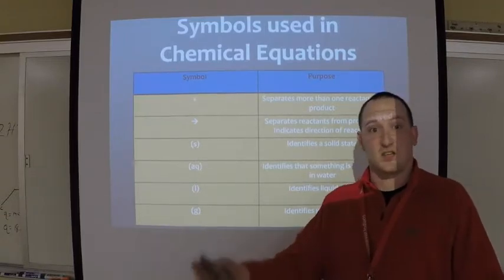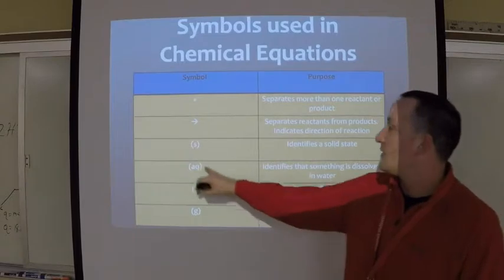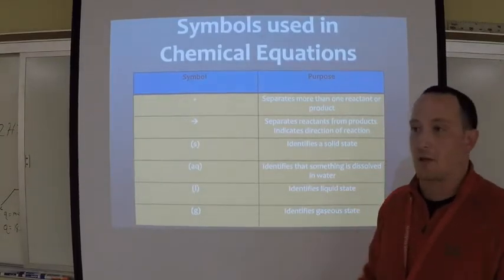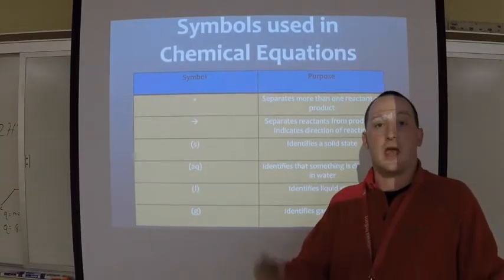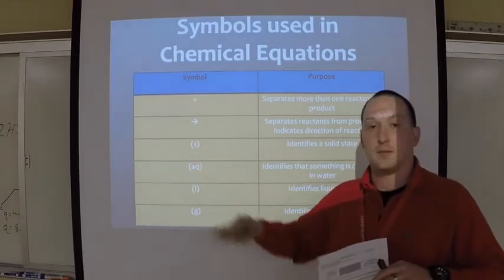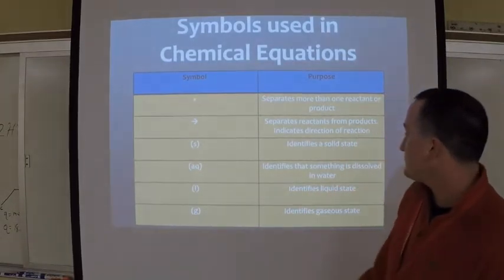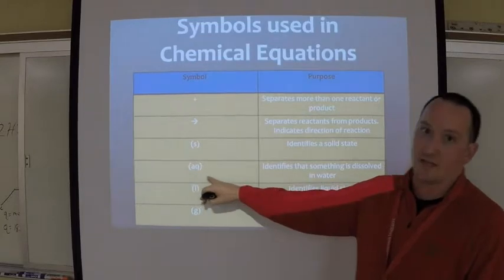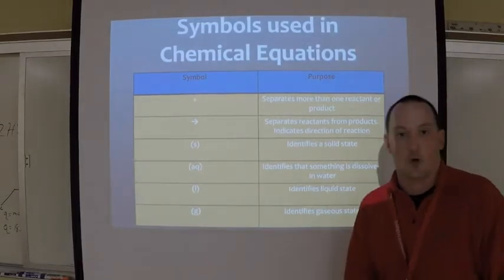Things can exist as a solid, a liquid, or a gas. Here is solid, so you might see something like gold listed as Au with this symbol behind it, meaning gold solid. Then this is called aqueous. This means that you've got something that's dissolved in water.